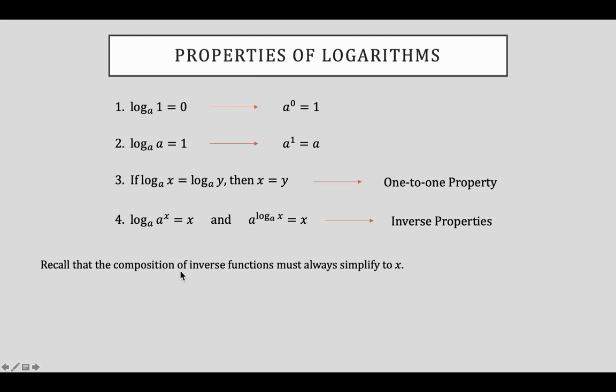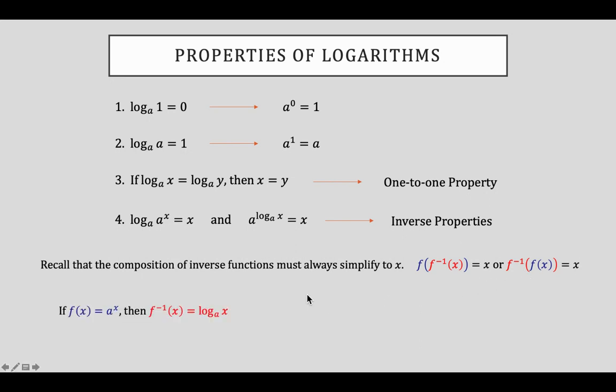Recall that compositions of inverse functions must always simplify down into x. In other words, if we plugged in f inverse into our function f, it simplified into x. Or if we plugged in f of x into f inverse of x, that simplified into x as well.